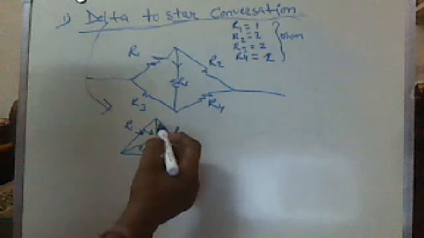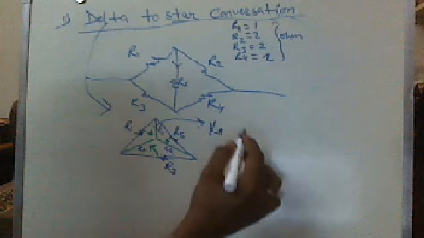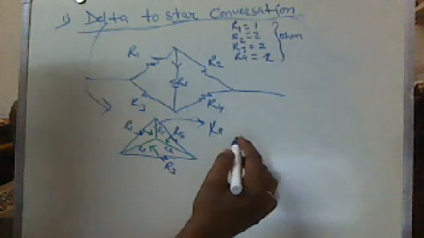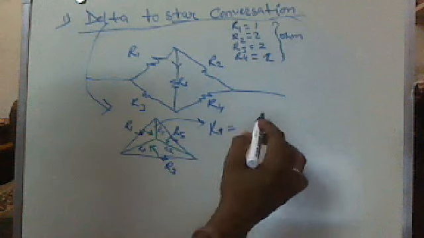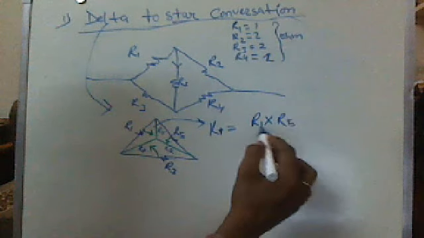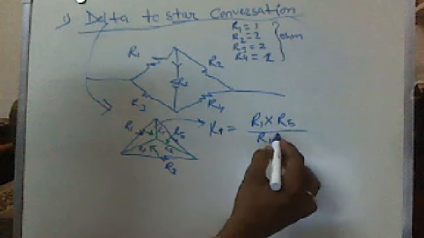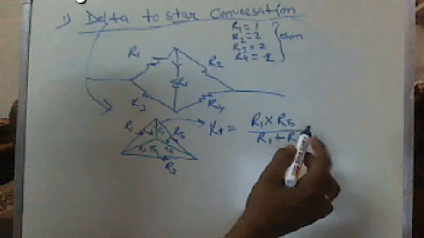Then what is RT? You must remember this formula: RT must be equal to R1 multiplied with R5 upon the total resistance in the circuit.